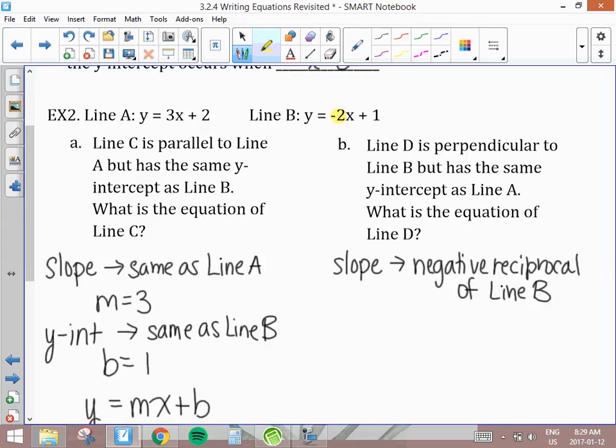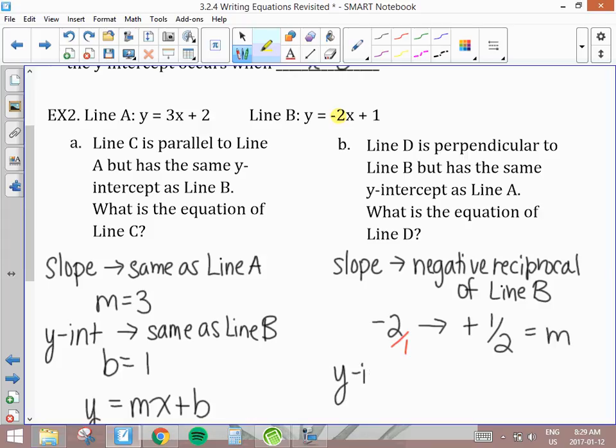So that tells me that I'm going to take negative 2 and I'm going to flip the sign. So it was negative, it's going to become positive. And I'm also going to flip the fraction. Now 2 is the same as 2 over 1, so I'll flip that over to 1 over 2.